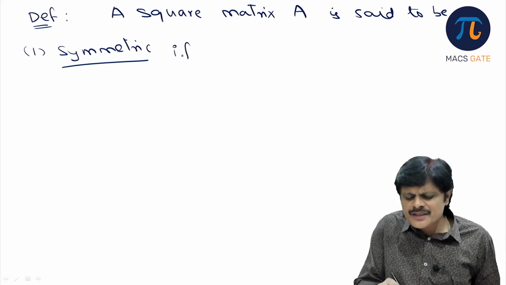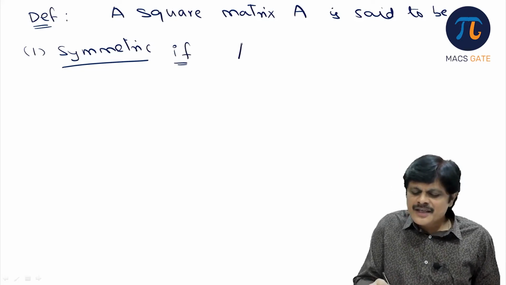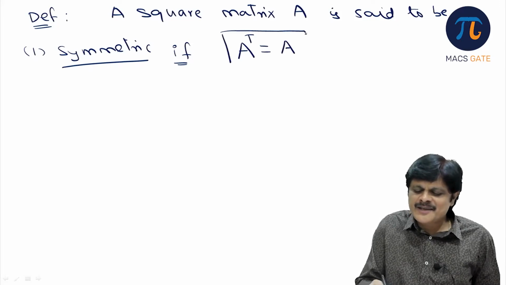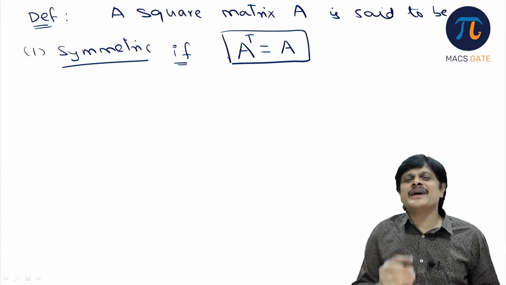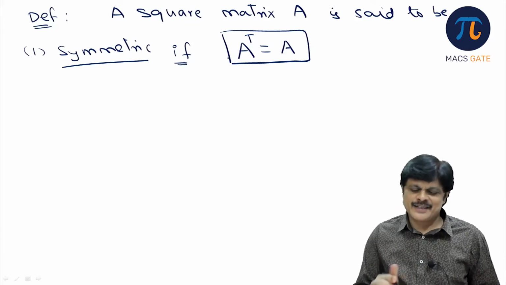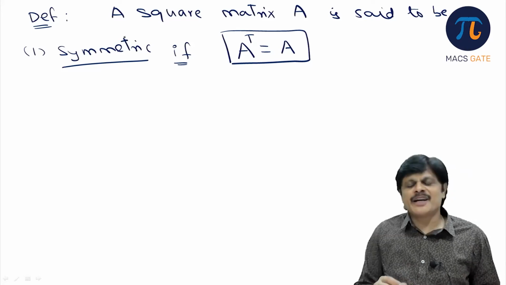What is the condition? The condition is the transpose of the matrix is same as matrix A. Means even after the transpose, you should get back the same matrix. So that is the definition of a symmetric matrix.